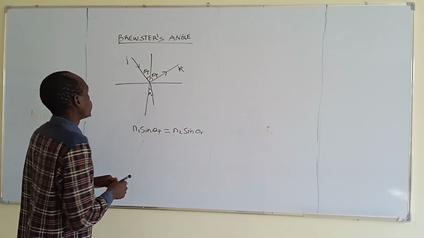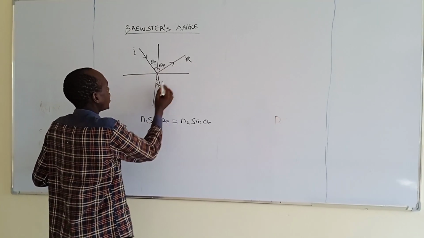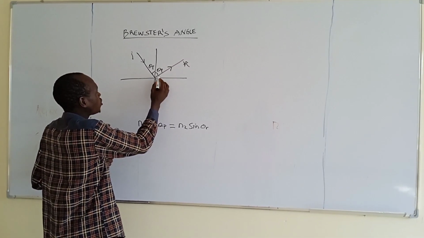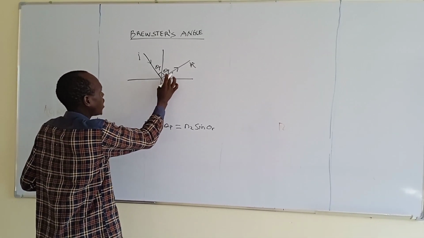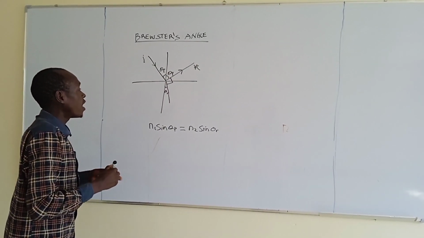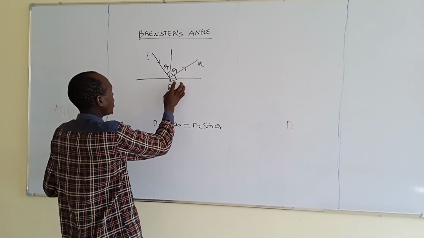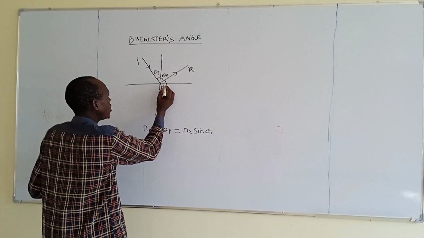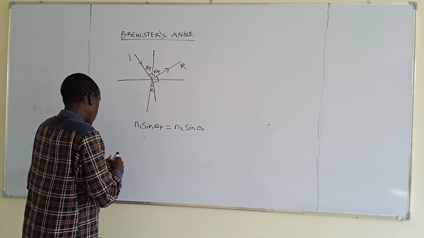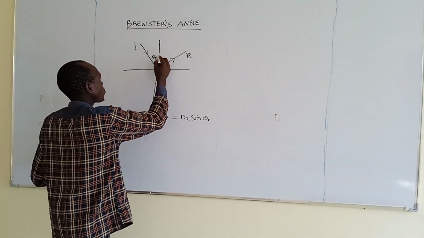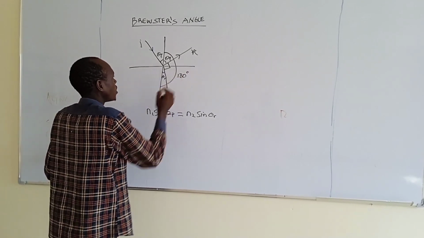Now, we should know that this reflected ray and this refracted ray are sharing an angle of 90 degrees here. This is perpendicular. Now, this angle in between the reflected ray and the refracted ray is 90 degrees, and along this line the total distance from here to here is 180 degrees.